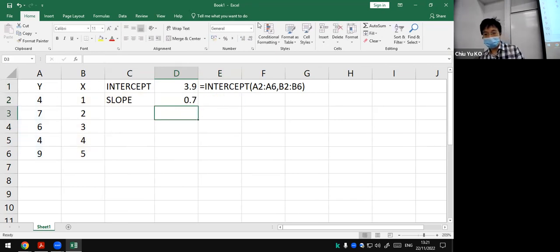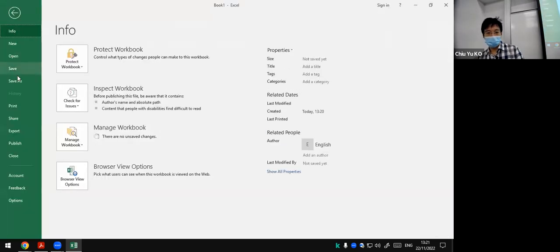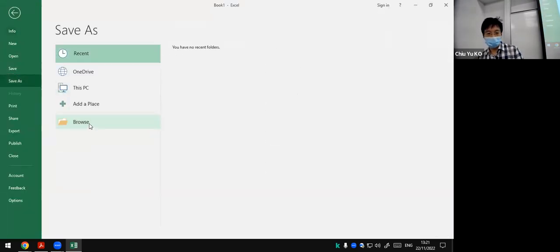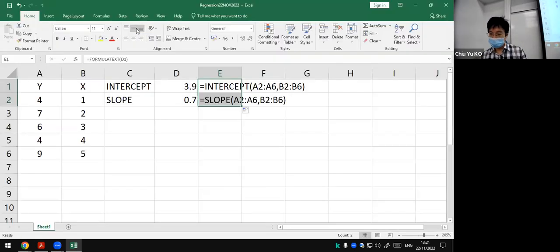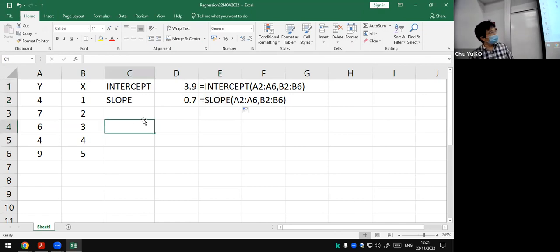Okay. And in case the Excel crashes, let me save the file first because this computer easily crashes for some reason, which is very mysterious. Okay. And the thing I want to show you first is the standard error.